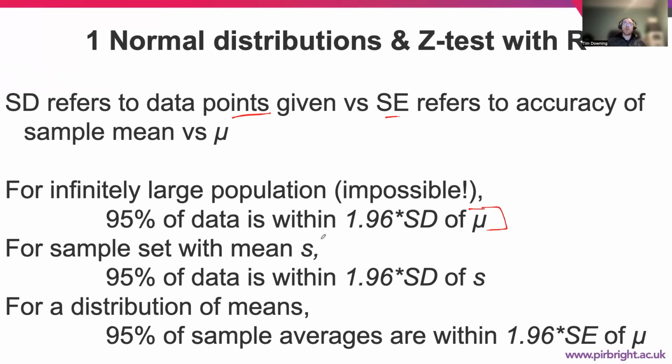In reality, we're going to deal with a sample set with a mean. 90% of that data is going to lie within 1.64 times the standard deviation. And then if we have a distribution of means, 95% of the averages are going to be within 1.96 times the standard error of the population mean.